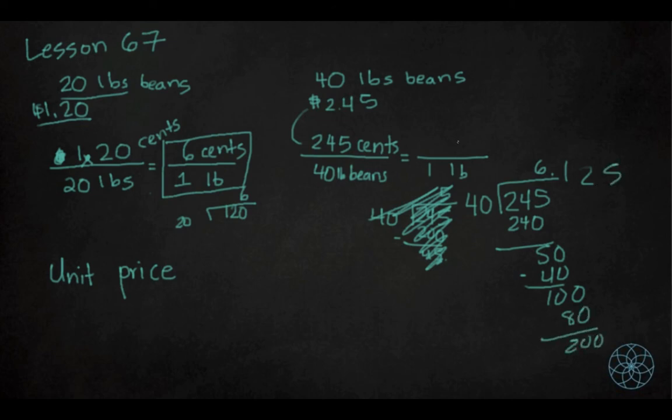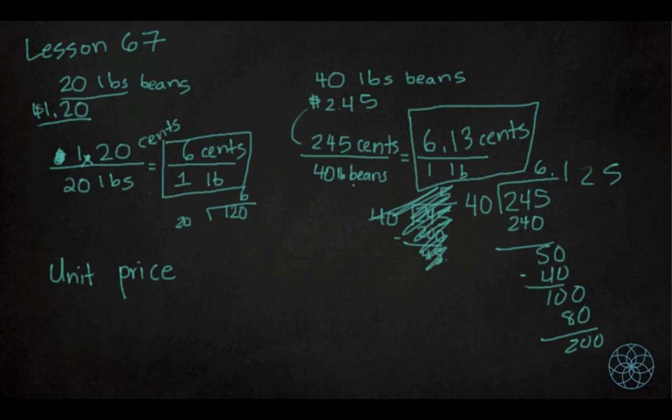So let's just round that to two decimal places, 6.13 cents. It goes on, but it's about 6.13 cents per pound of beans. If this whole bag of 40 pounds of beans costs 245 cents, then each one of those pounds costs 6.13 cents.